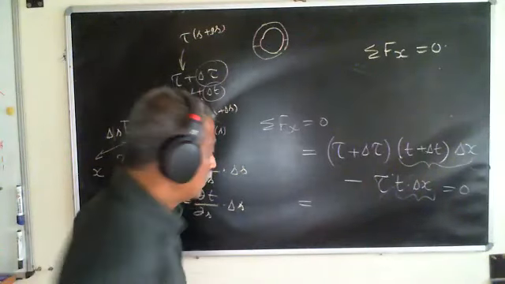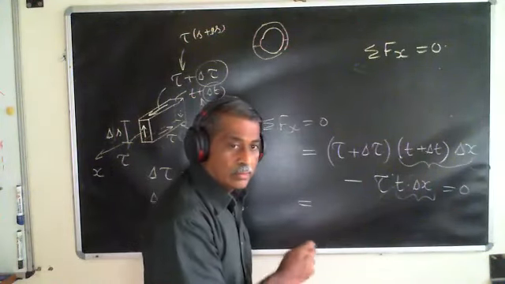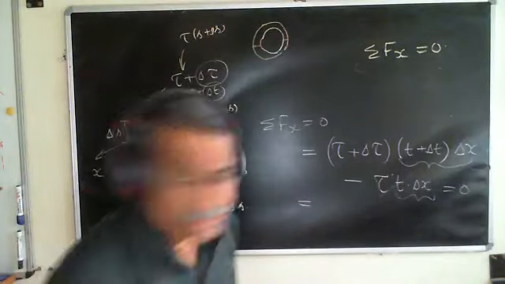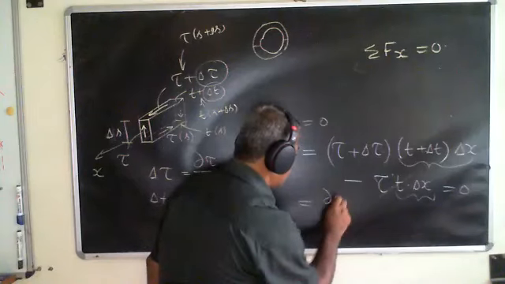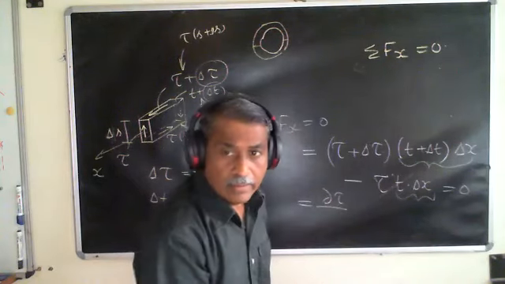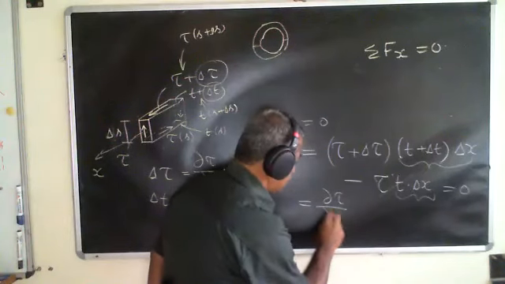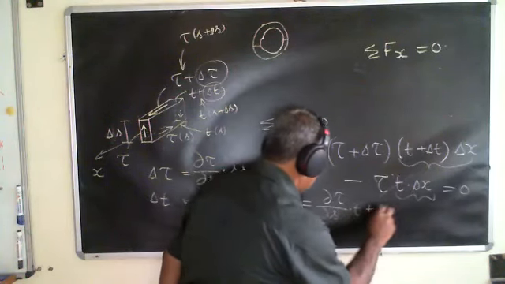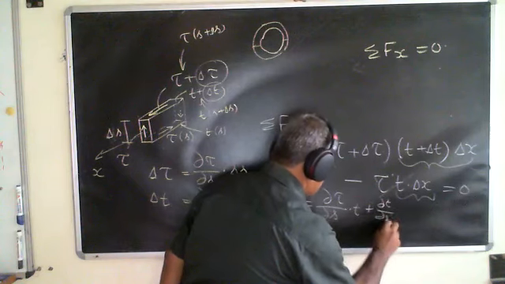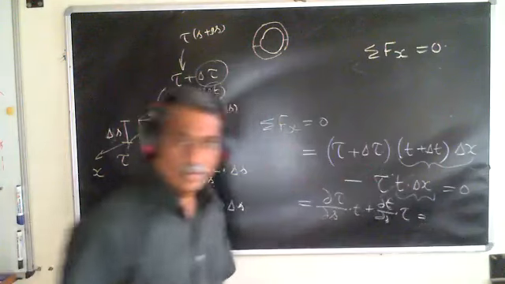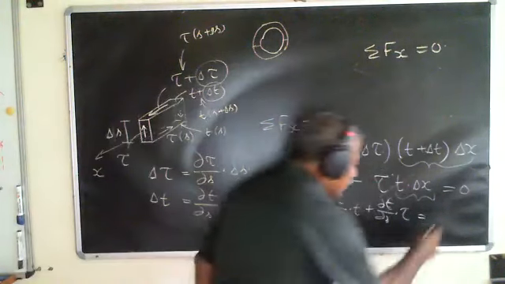Correct? So I should get what? One of you? Somebody has written del t. Yeah, exactly. So dou tau by dou s times t plus dou t by dou s times tau. This is equal to 0, no?